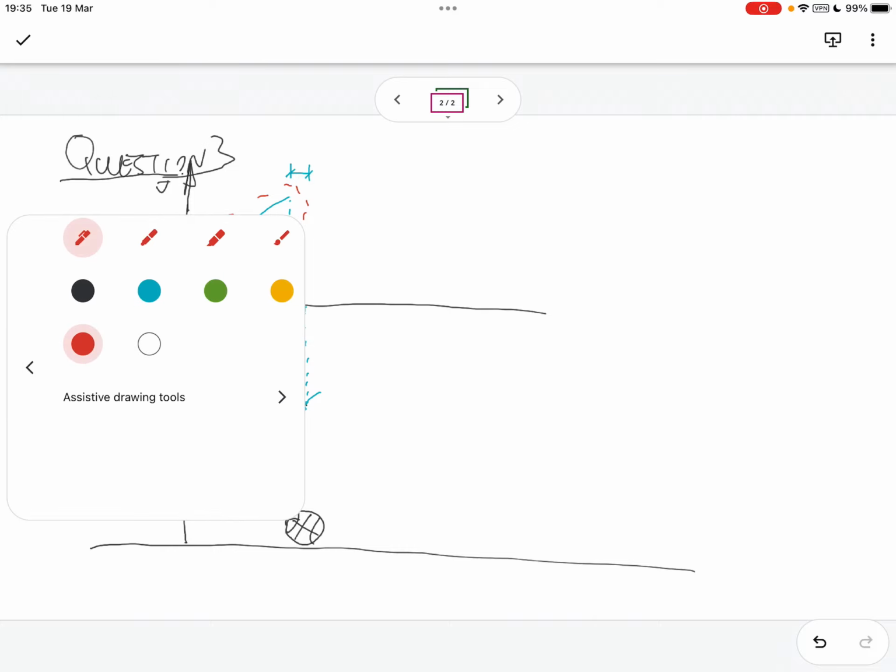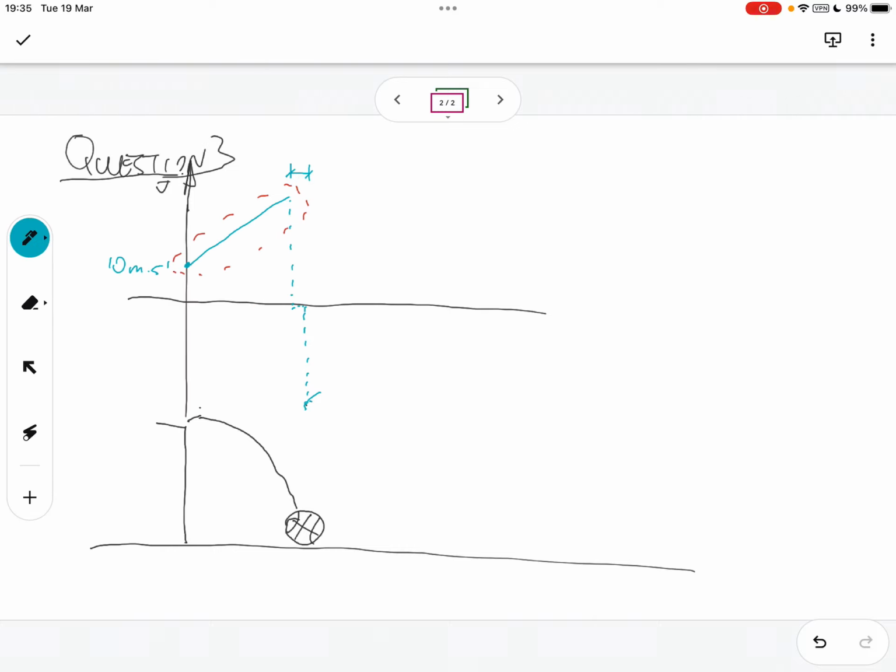And also when the ball now bounces again, we see that with the diagonal line that spikes up like that again. That spike shows us the bouncing motion.